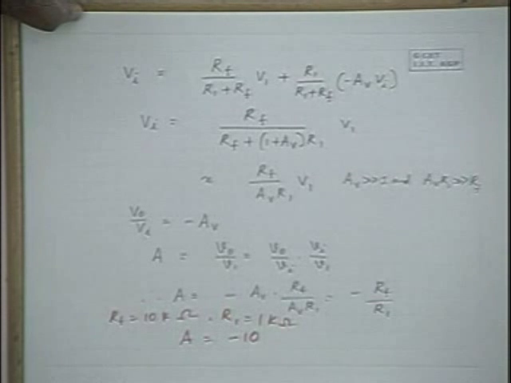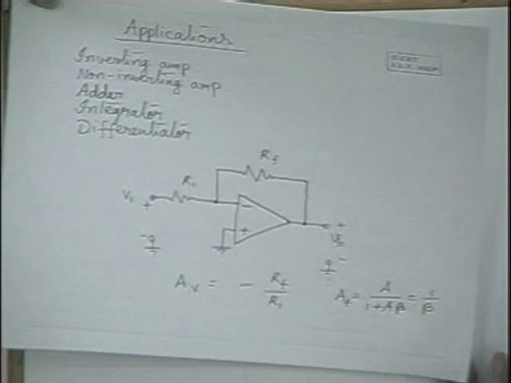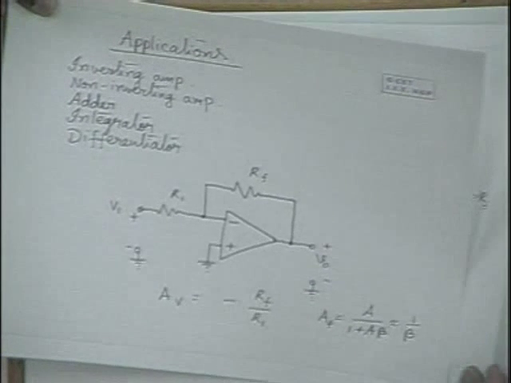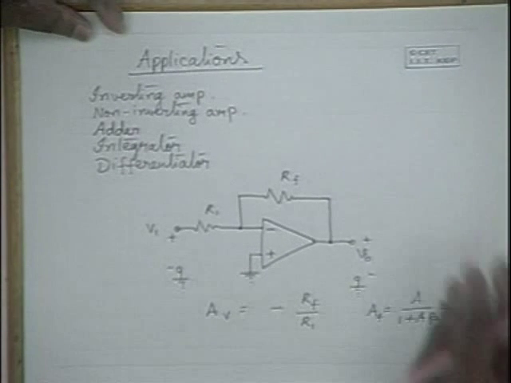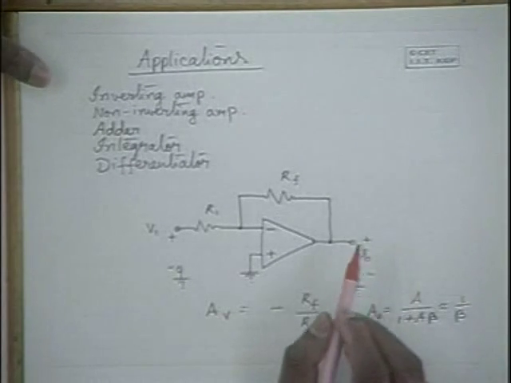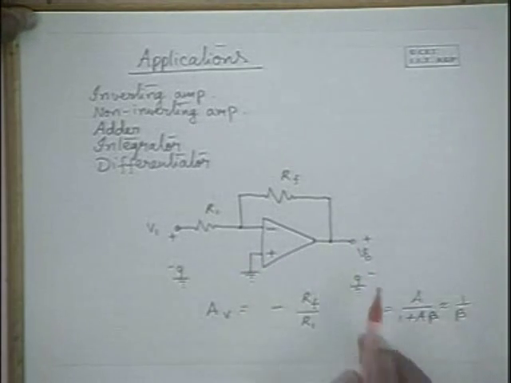Now, I would like to explain a very important concept known as the virtual ground concept in the case of an operational amplifier. It can be explained in this fashion.